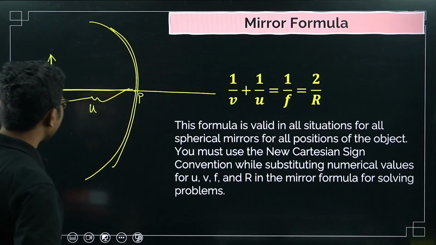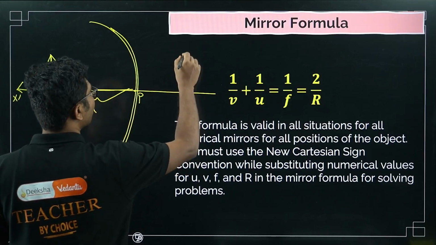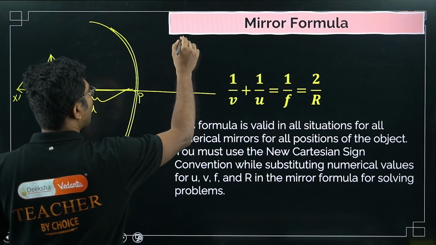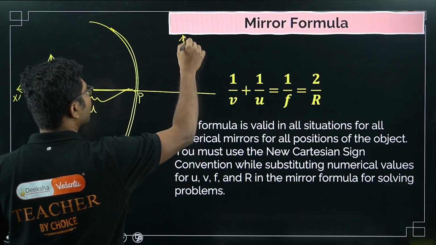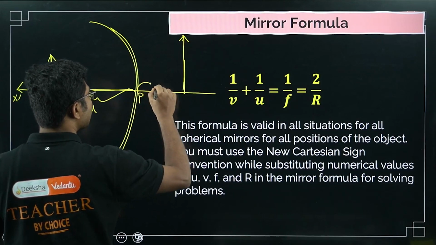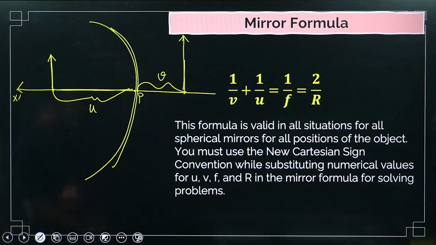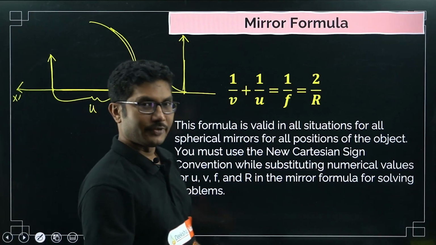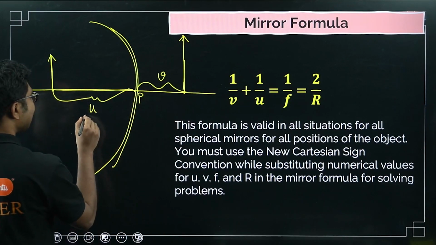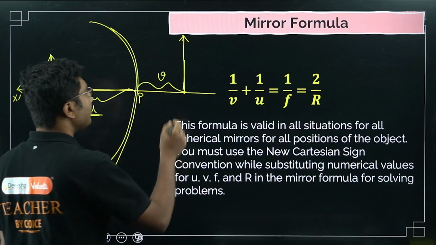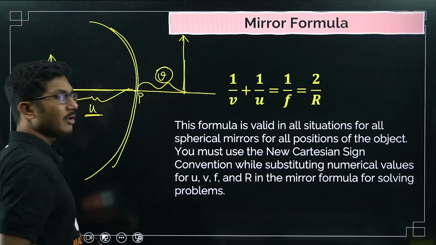Now suppose the image is located here. Whatever the distance between the pole and the image is called the image distance v. Object distance is denoted by the symbol u, image distance is denoted by the symbol v.